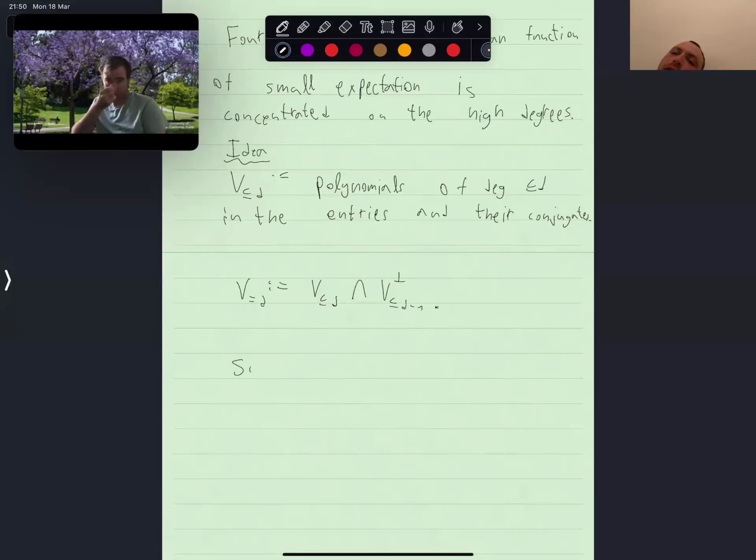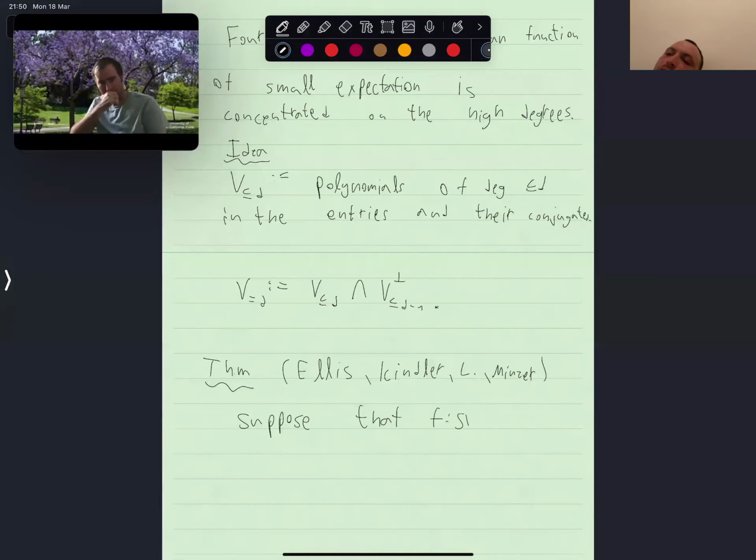So suppose we prove that suppose that F is a function from SUN to 0, 1.